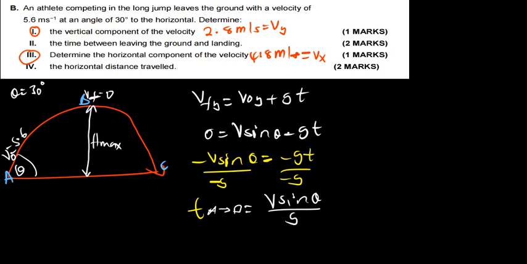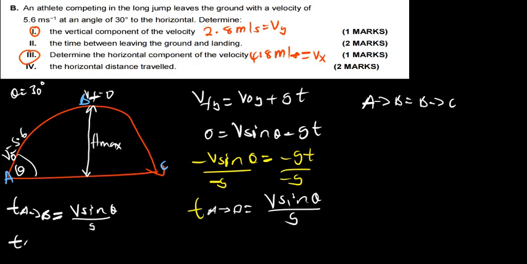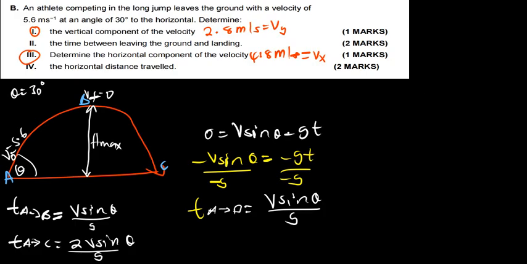So the formula for T from A to B is V sine theta divided by G. The time from A to B is basically the same as the time from B to C. Therefore, I can just do times 2 this formula, and that's going to be the time from A to C. So from A to C is 2V sine theta divided by G. Simple, right?